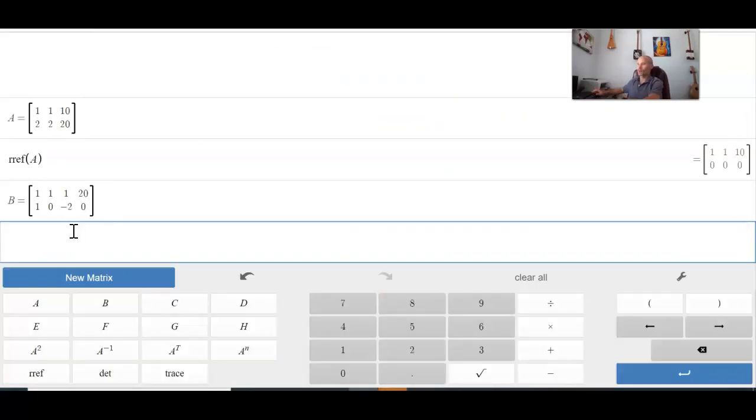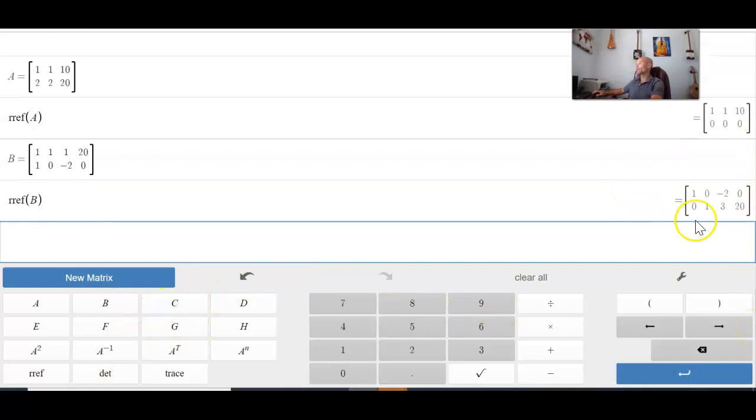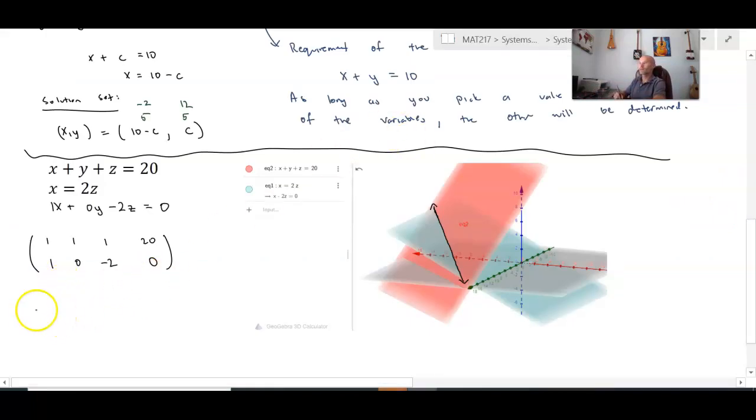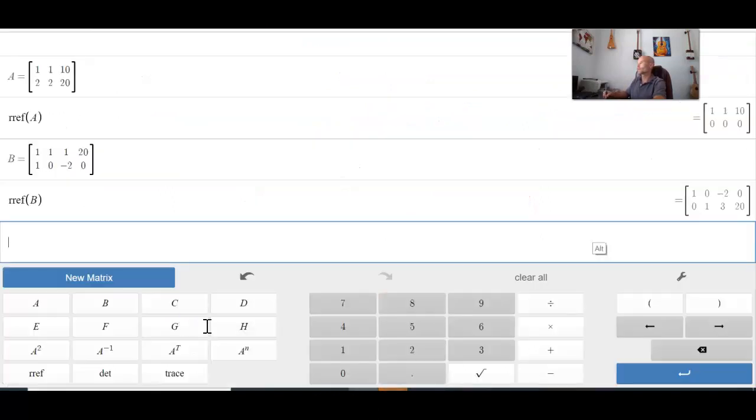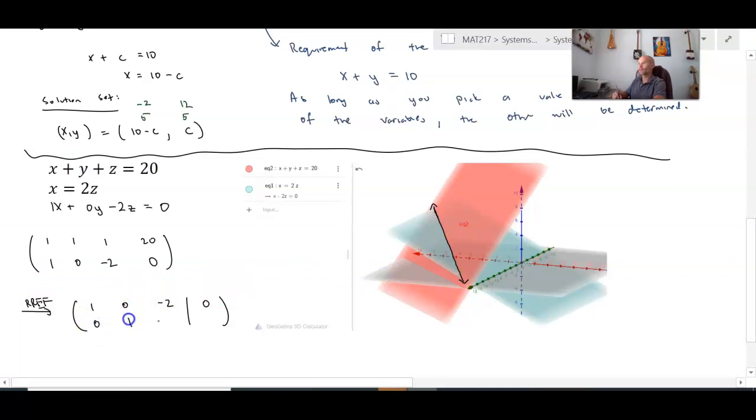Okay, and now we're going to conduct the Gaussian elimination on that matrix B. And we see that we get something interesting here. We get 1, 0, -2, 0. And we also get 0, 1, 3, 20.